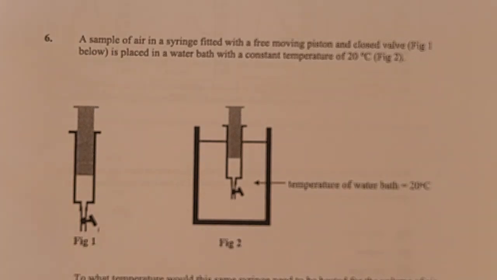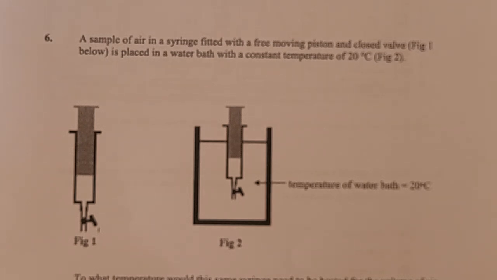Right. One second. All right, so if we've got a graph like this, we could say that that's T and that's V. What's the relationship between volume and temperature? As the temperature goes up, volume goes up.